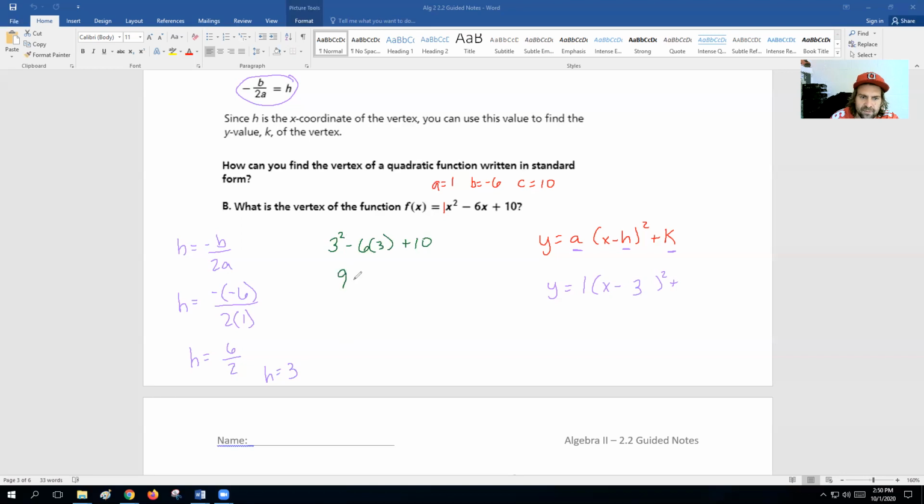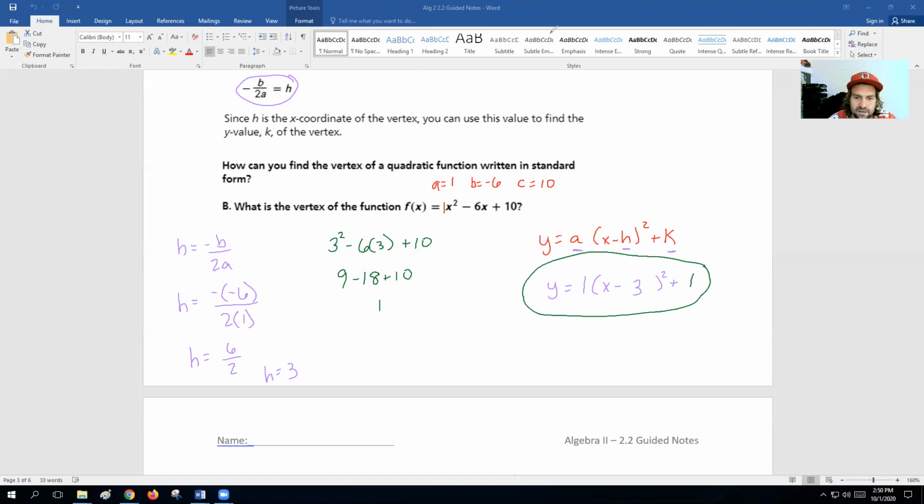That'd be 9 minus 18 plus 10. 9 minus 18 is negative 9. Negative 9 plus 10 is 1. And there is our k, 1. And so there is this equation now written in vertex form. In the last section we went from vertex to standard. Now we're going from standard to vertex.